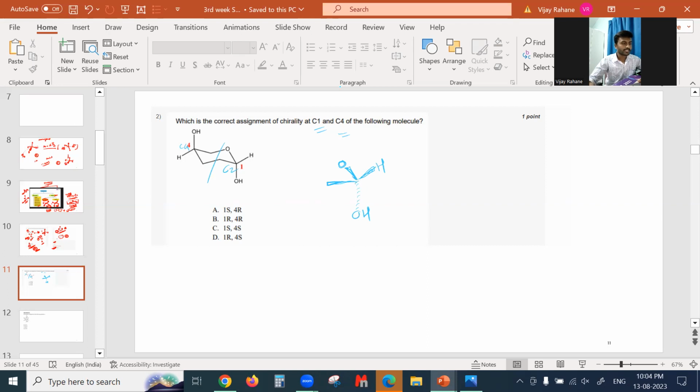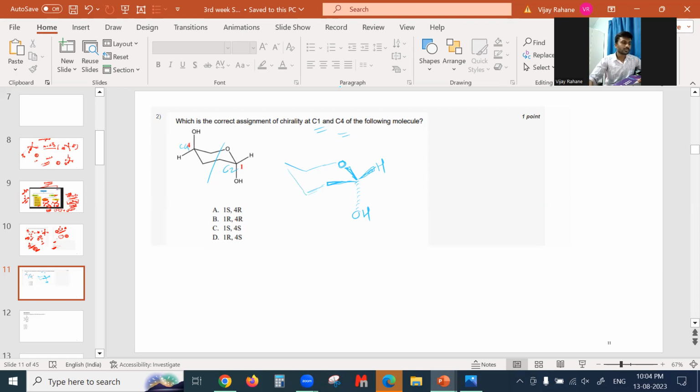See, the structure will be like this, correct? In this one, probably the next atom I will draw with a little different shade. So this is the remaining molecule.